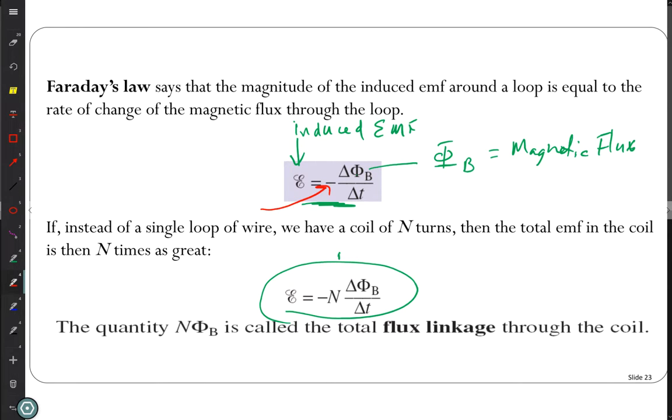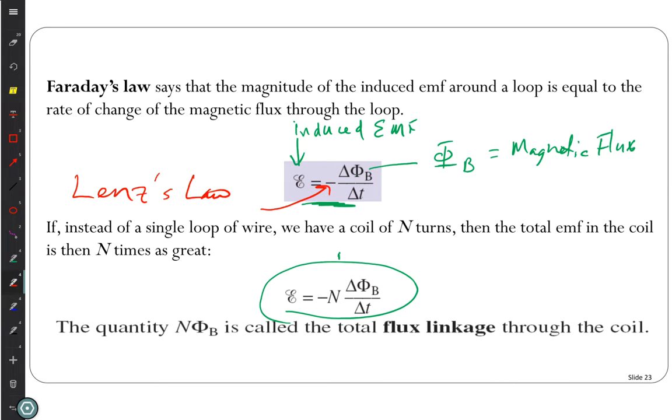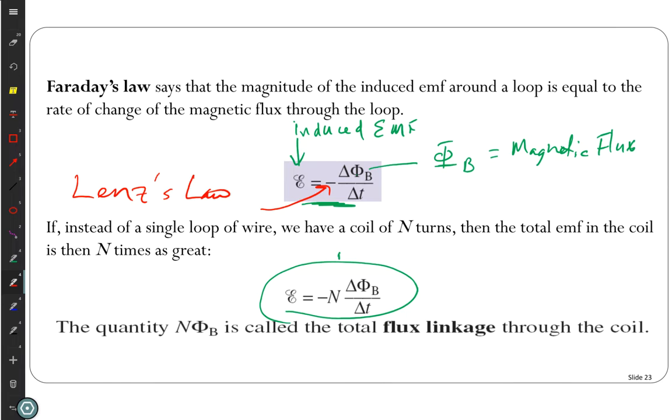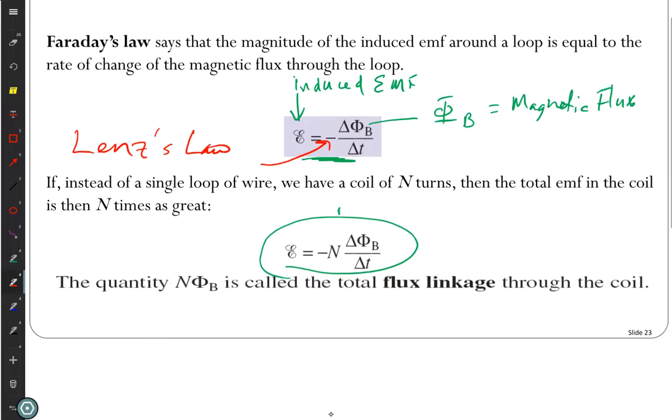That minus sign. That minus sign is to direct us to Lenz's law. Lenz's law is a law to help us understand which direction the EMF is. So I don't have Lenz's law on the next slide like I thought I did. I will just describe Lenz's law.